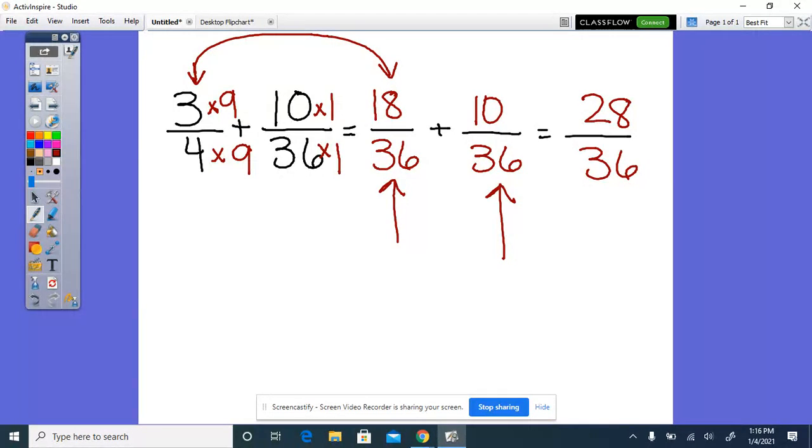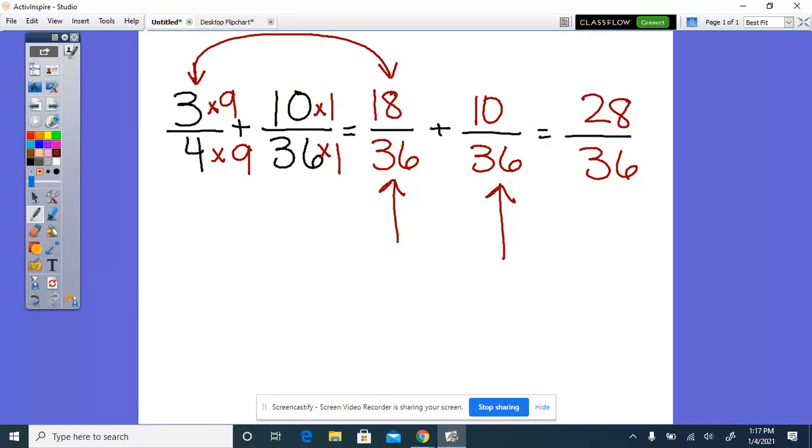Are we finished? Every time after you finish a problem, I want you to ask yourself, is this fraction in simplest form? Every single time, ask that question. It is not in simplest form, and how we know very quickly by looking at it is both the top and the bottom are even. So when the top and the bottom are even, that means that at least 2 can go into it, right?